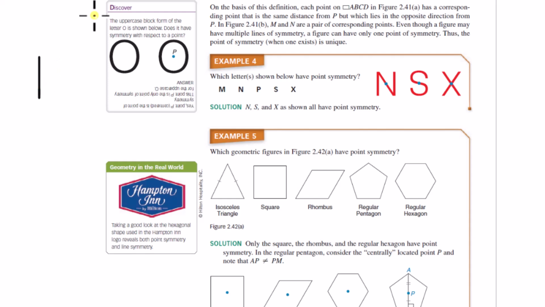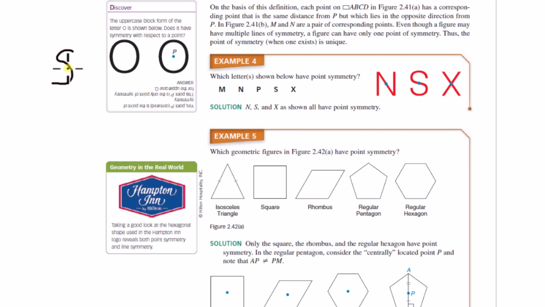What about the letter P? No, because again, the point is going to have to be kind of in the center here, like around here. Well, look, there's no way this is going to work. Okay, what about S?